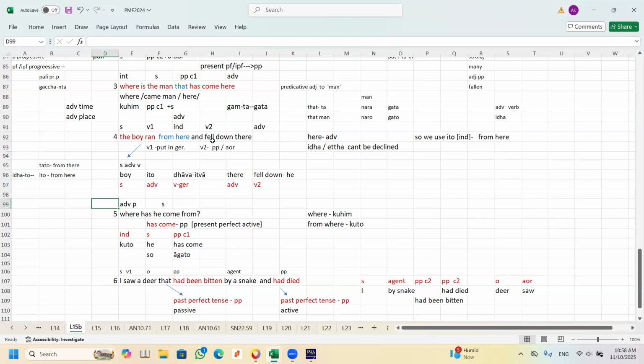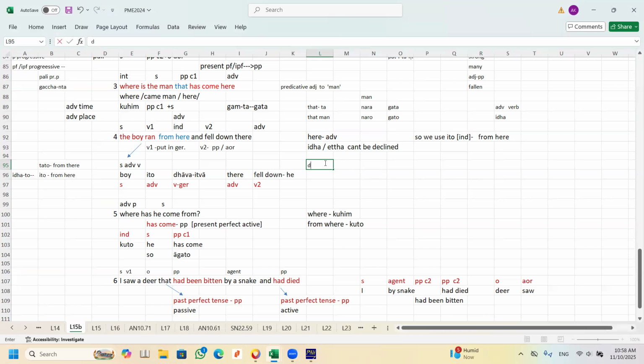And then 'fell'. That means this is verb one. Usually when you have verb one and verb two, the first verb you put in gerund. So you have to find out, for instance, 'run' is what? By now I should know that run should be dhavati. So you have to put it in a gerund.